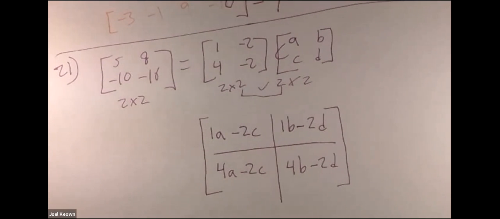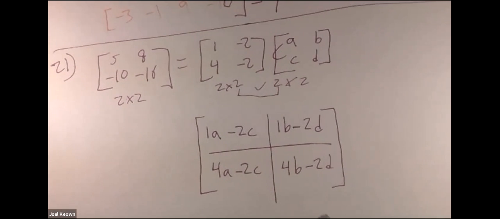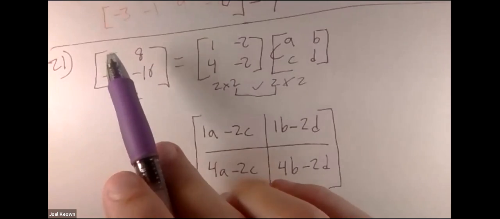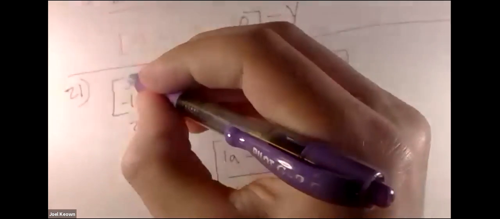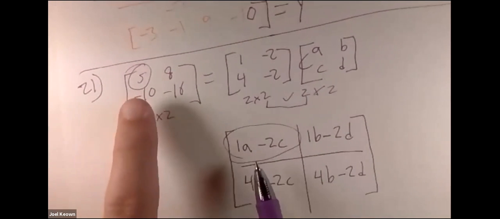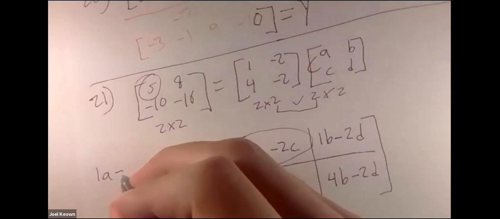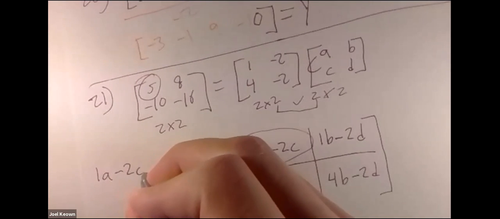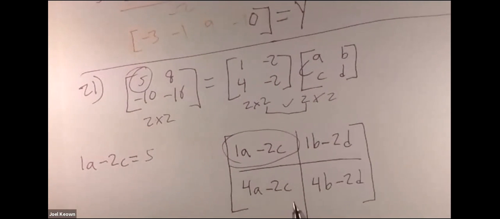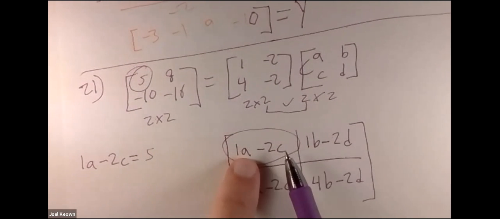Now, I know that after I multiply these together, I get this. So this number 5 right here has to equal that right there. So these two have to equal each other, meaning that 1A minus 2C has to equal 5. And notice that this one has an A and a C in it.